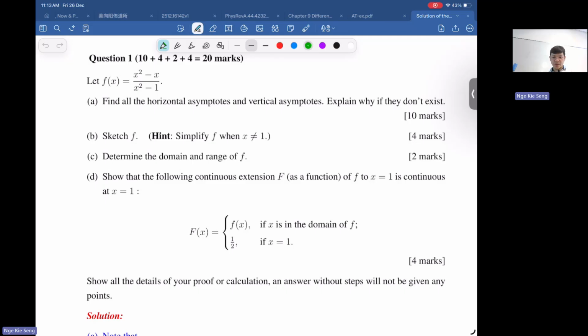Okay, so the midterm we have quite a high average. I think our average is around 70.